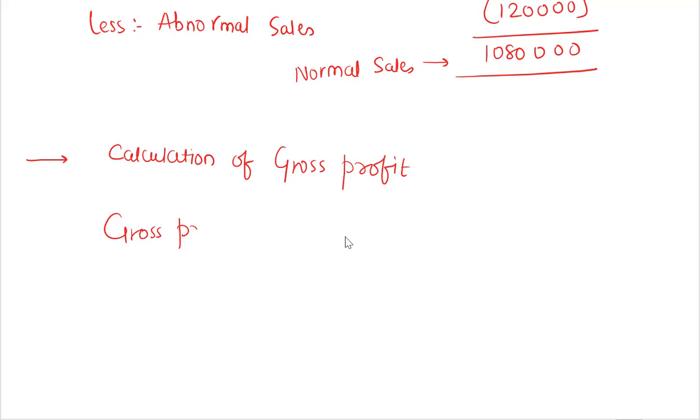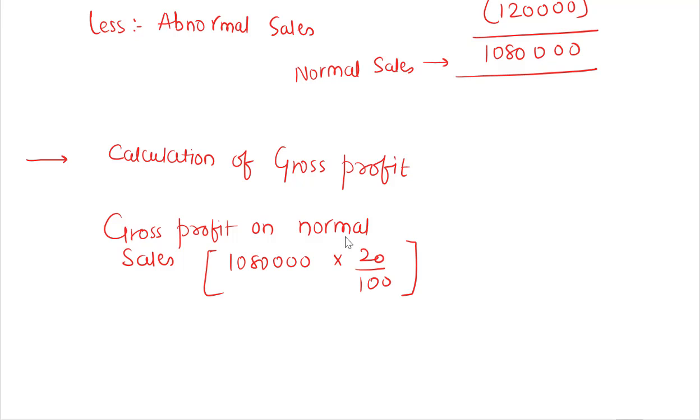Gross profit on normal sales: 10,80,000 at 20%, 2,16,000.